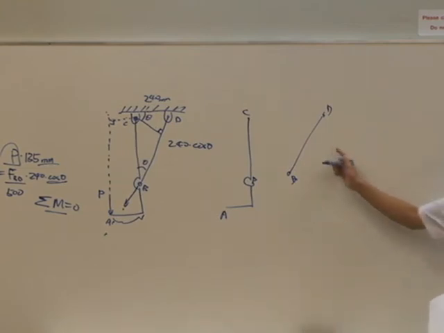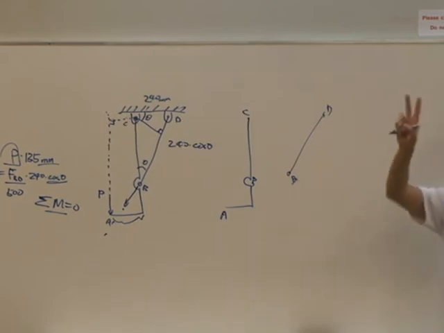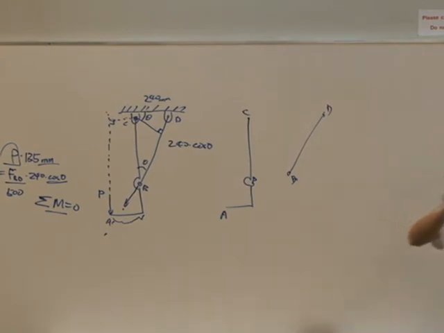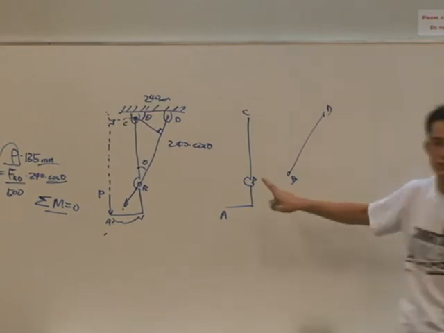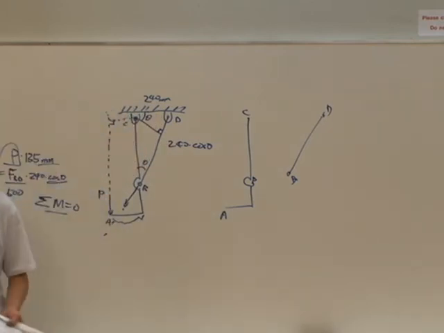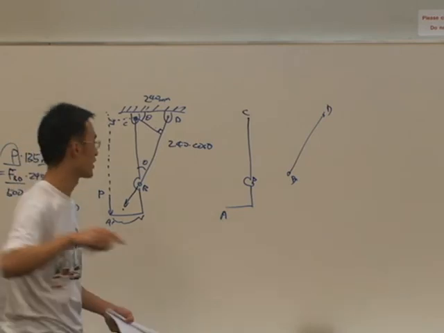Drawing the free body diagram is the second step, including finding all the possible forces on this object. So how do we find the possible forces? By looking at the points of contact, correct?